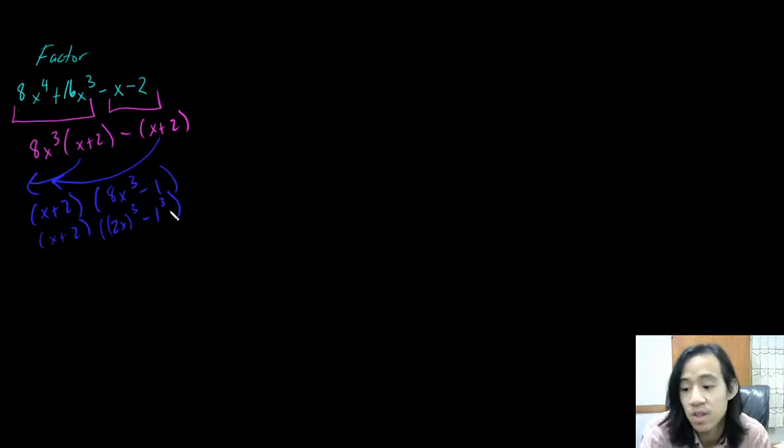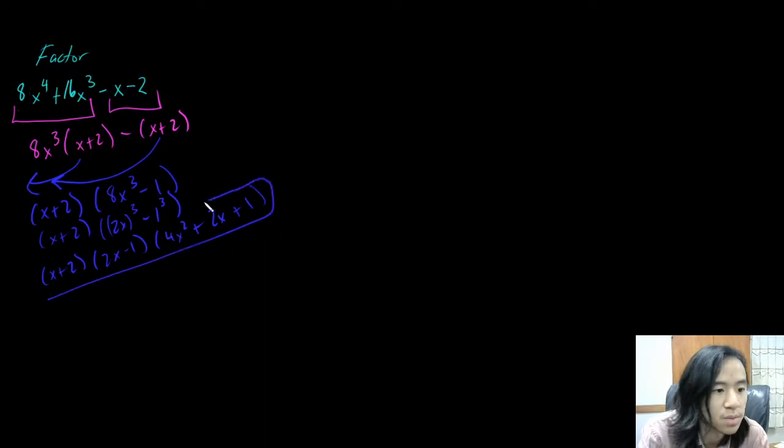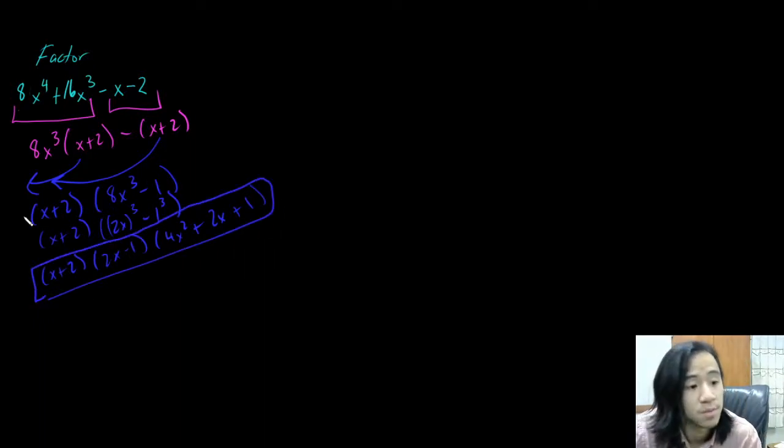And then I can use the difference of cubes formula, which is going to be 2x minus 1. It's the same sign, times 4x squared, the opposite sign, plus 2x and then plus 1. And this is going to be your completely factored form of this polynomial. So we have a few more examples, so let's keep going.